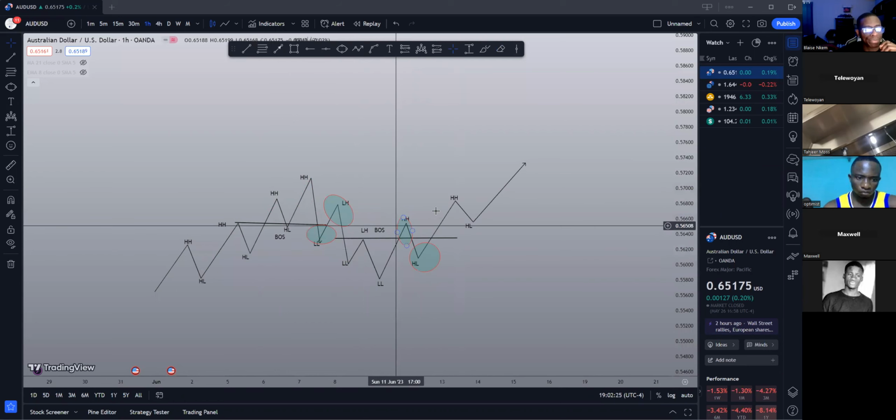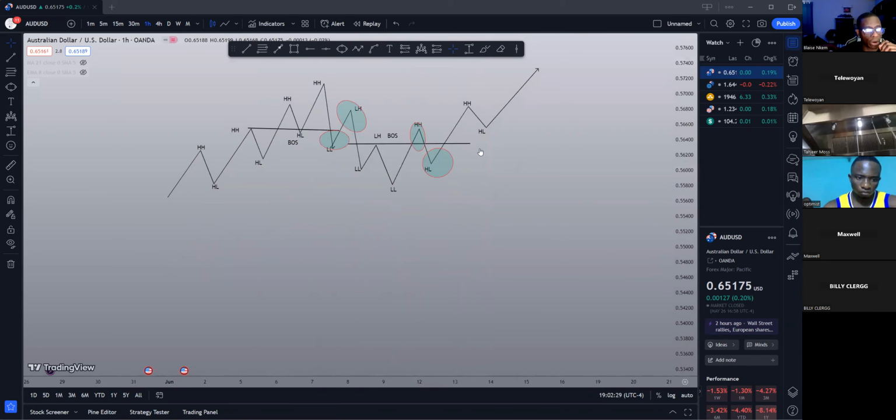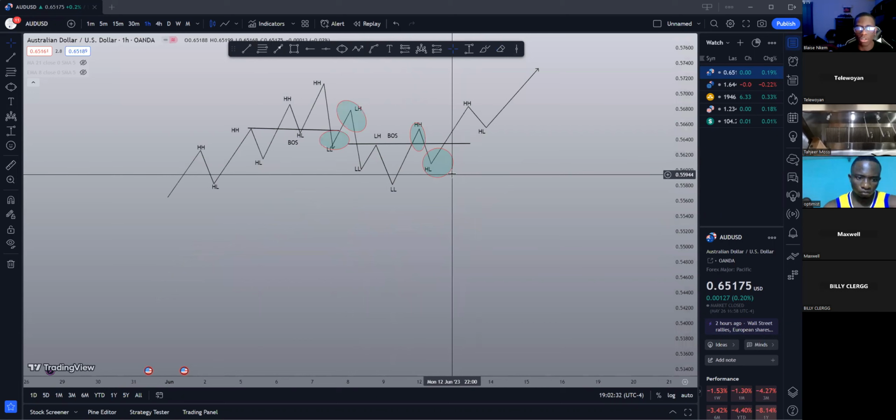So that is that. So now we've seen how break of structure works. Did everyone understand break of structure so far before I move on to validating structure?